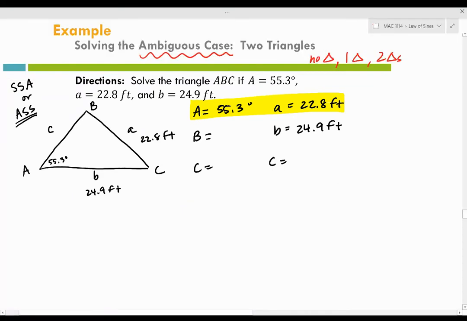So I'm going to use what I have to find what I need. And because I'm looking for an angle, my uppercase letters need to be in the numerator. So sine A over little a equals sine B over b.